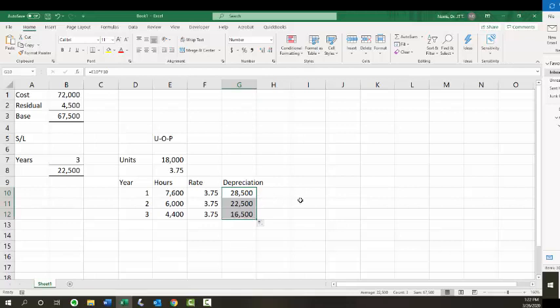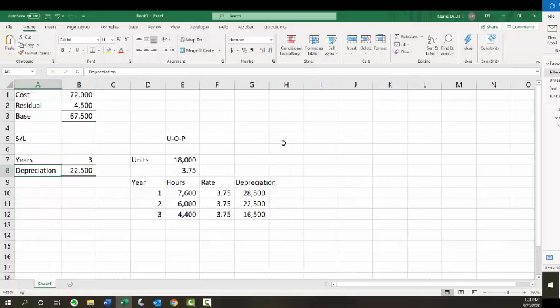So this is the depreciation for units of production.